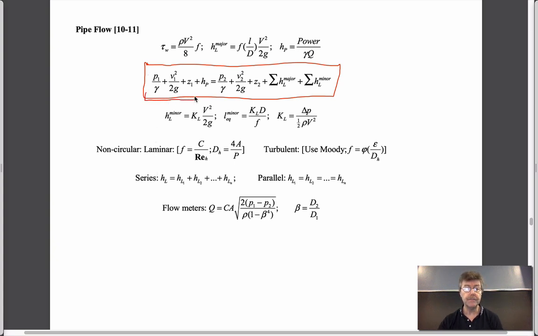We always write it between the upstream and the downstream. We're able to put components in there like pumps, which is always on the upstream side. This is up. This is down.